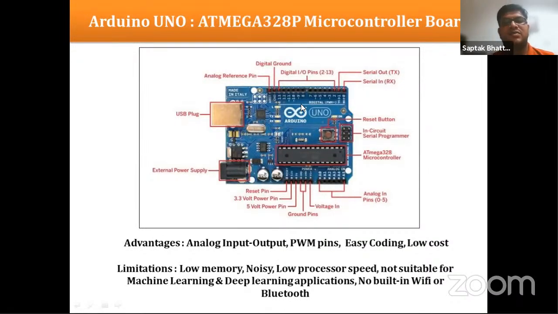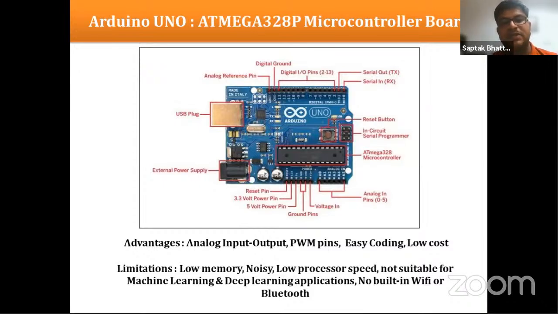It has digital IO pins, where we can give digital inputs or interface digital sensors, or we can use these pins as outputs where we can connect digital outputs like LEDs, or turn a motor on or off. Similarly, the board also contains some analog ports, where we can interface analog sensors.